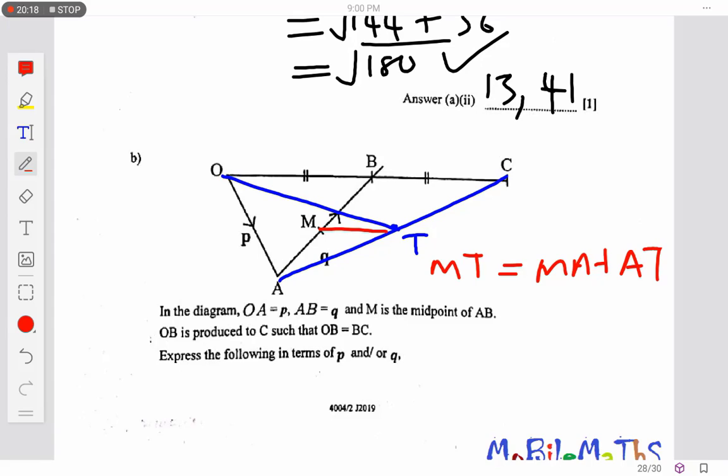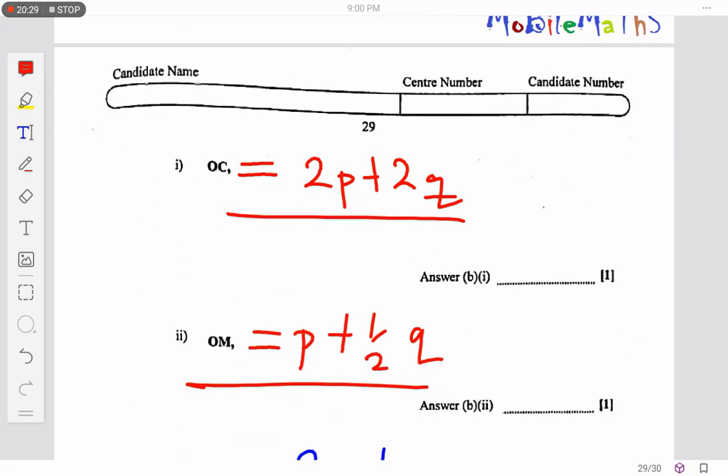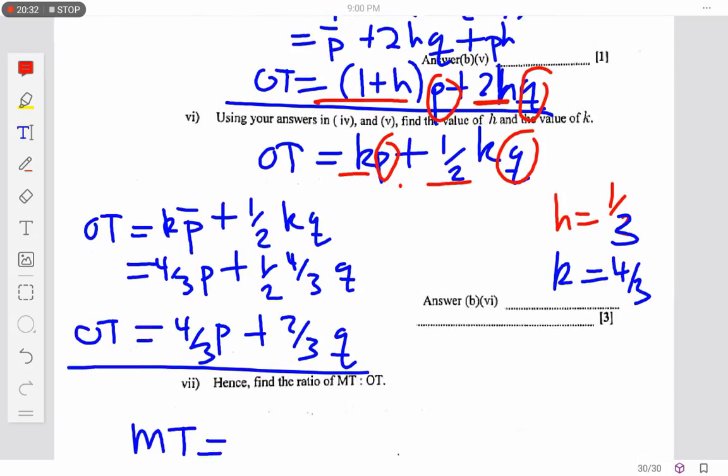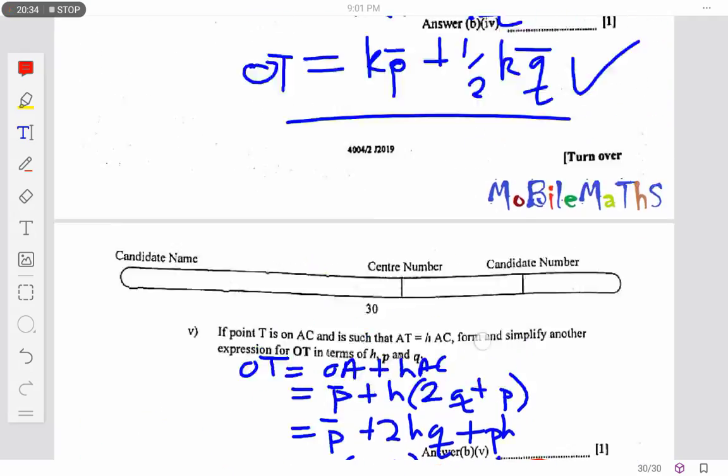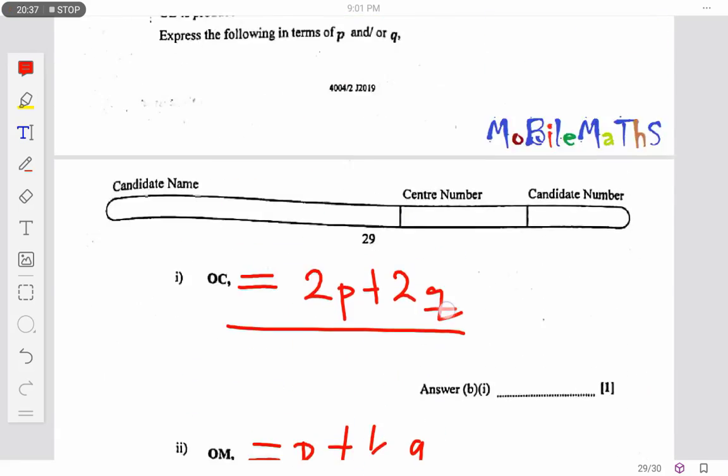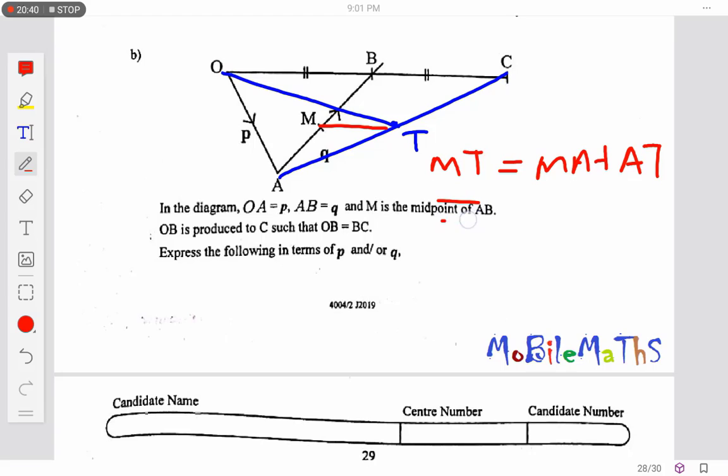We calculated our AM, so MA is basically half of Q. Then plus AT, AT we were given, is H times 2Q plus P. Okay, like that. So let's simplify that expression.